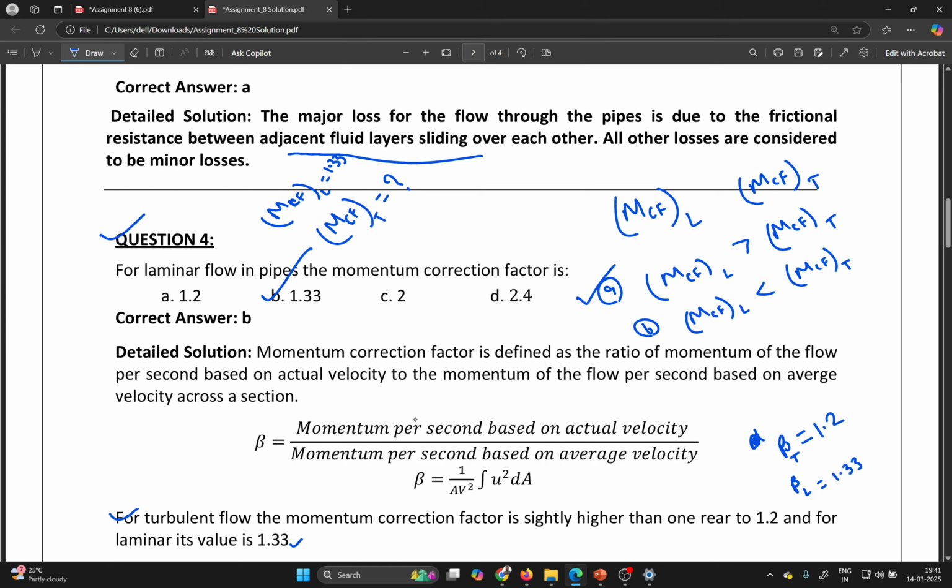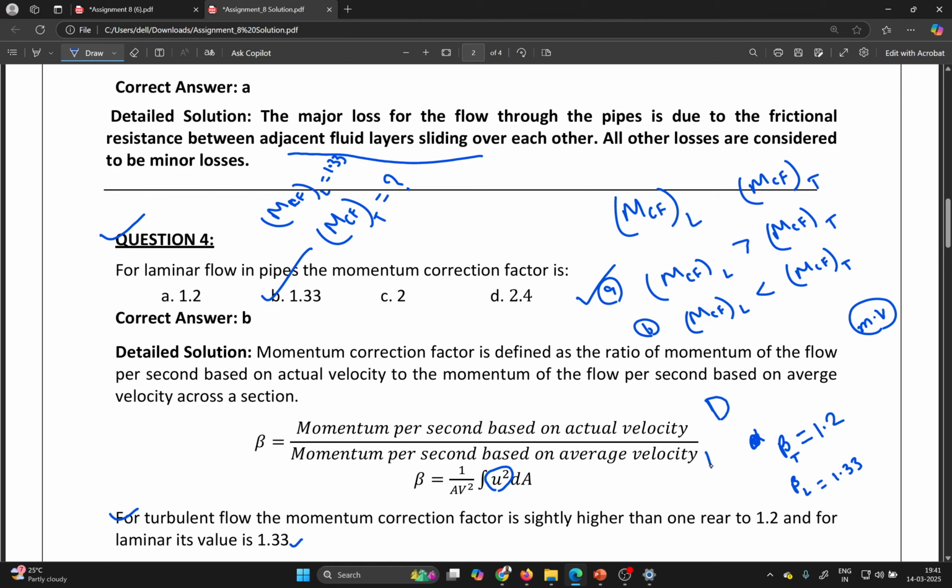Here is momentum, as you know this formula, it depends on the velocity distribution. I was telling the basic fundamental: momentum is mass into velocity, so it depends on velocity, right? So this is your parabolic diagram in case of laminar.